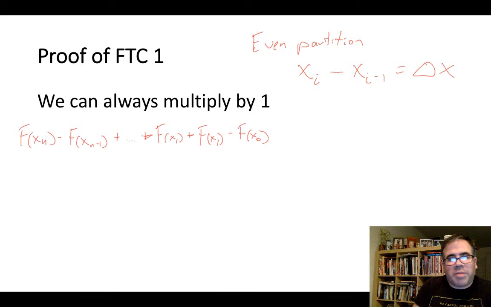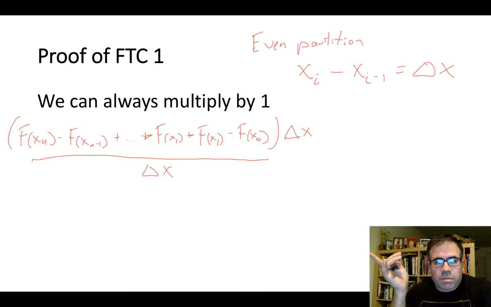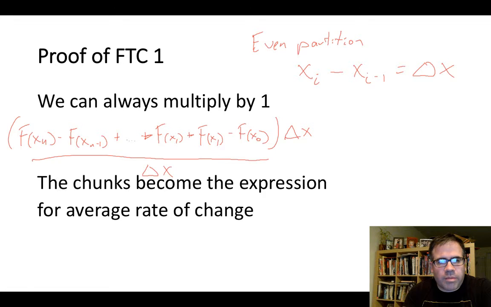We can multiply that by 1 in our special form of 1 in this case, just for simplicity's sake. Again, you don't have to do this. You can be much more purposeful in this, but just for kicks, we're going to do delta x over delta x. Right? We didn't do anything.